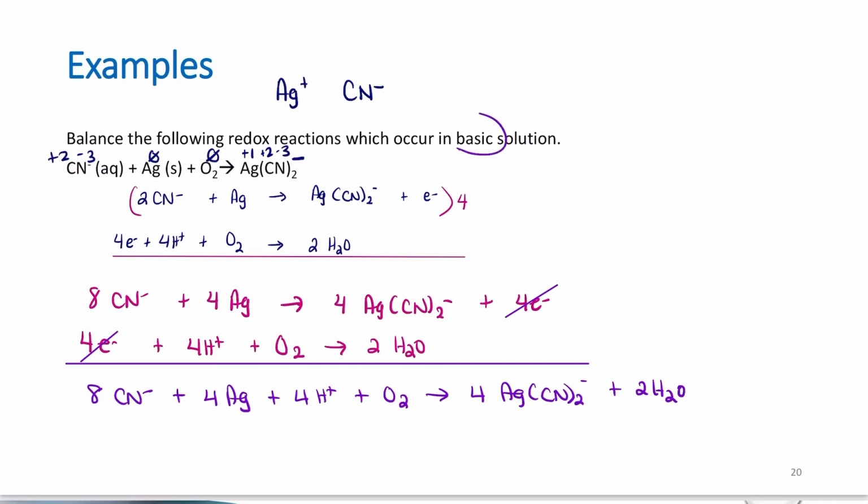But I'm under basic conditions, which means I cannot leave this H plus. I'm going to have to add 4 moles of OH minus to each side of my reaction. So plus 4 OH minus plus 4 OH minus. It's going to give me 4 waters, which will cancel out these 2 waters entirely, leaving me 2 waters on my reactant side.